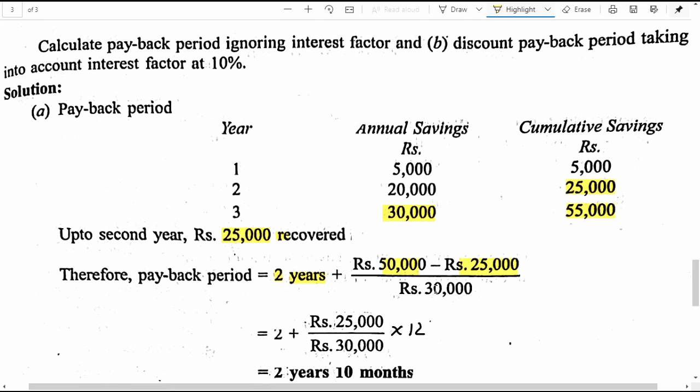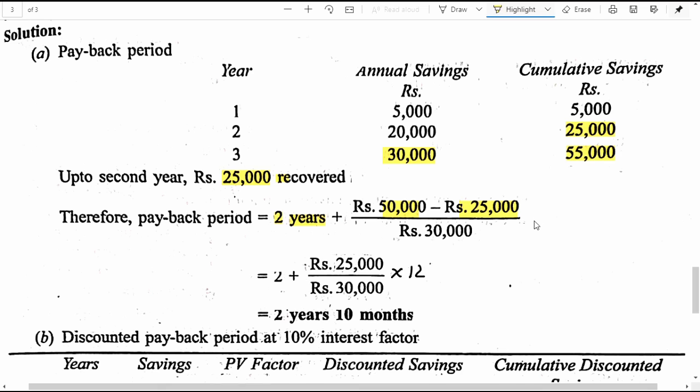What is the cash inflow of the third year? It becomes the denominator. So cost of the project minus cash inflow recovered till the end of 2 years, divided by the cash inflow of the third year, into 12. If you want to calculate it in years and months, you can apply into 12. So what is the understanding here?